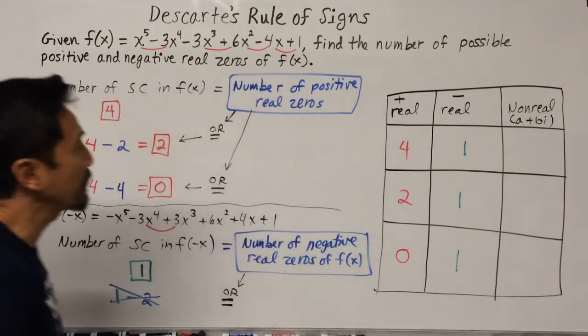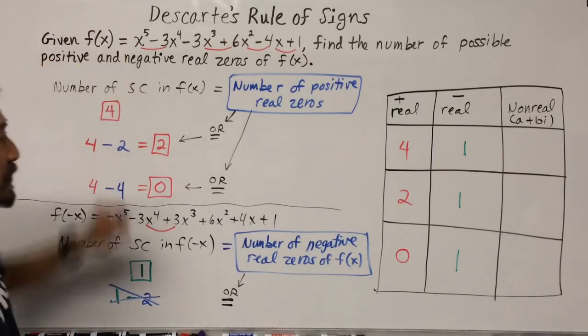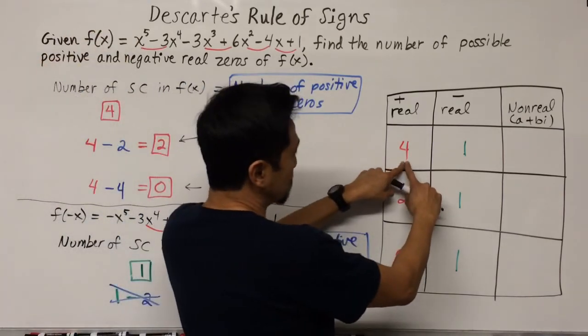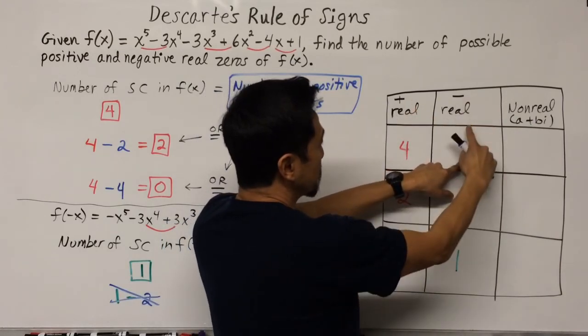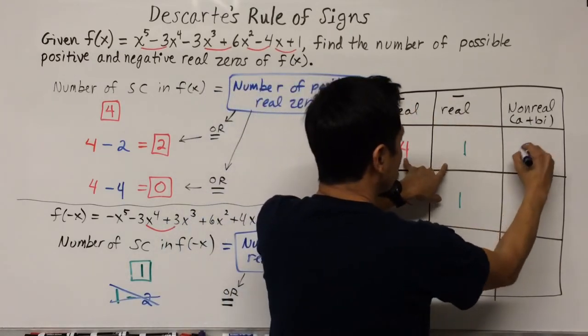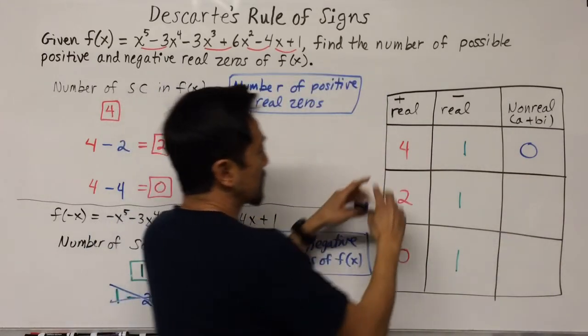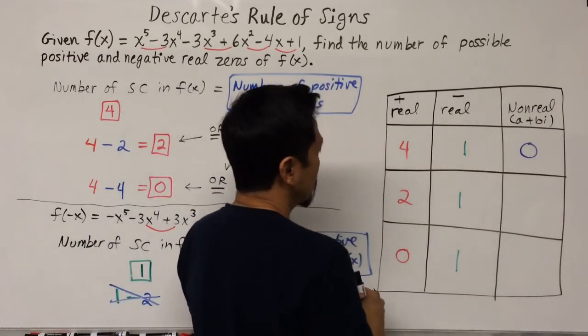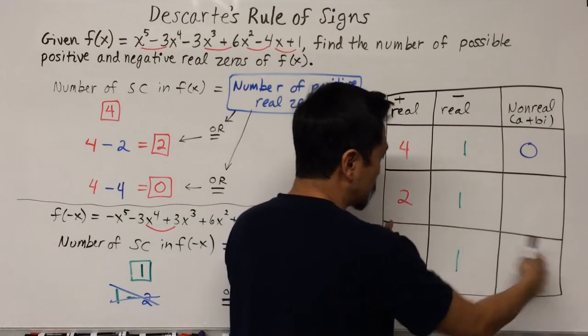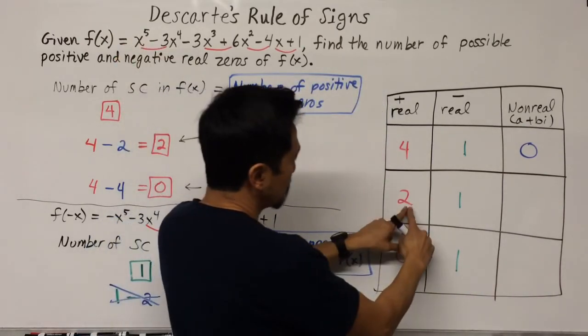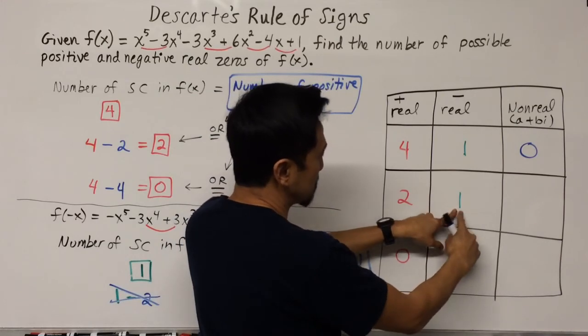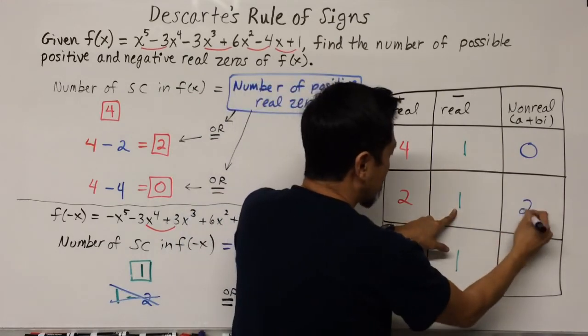And since this is a 5th degree polynomial, if you have already accounted for 4 of them that are positive reals, 1 that is negative and real, that means that the last row will be 0, because you've already accounted for all 5. Okay, so again, each row has to add up to 5, which is the degree of your polynomial. Okay, 2 plus 1 is 3, so that means that there's got to be 2.